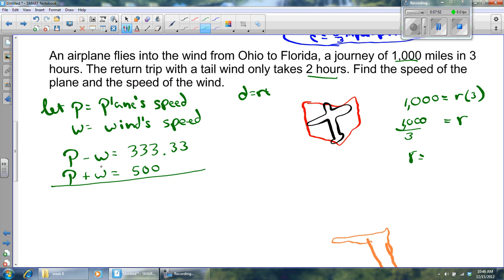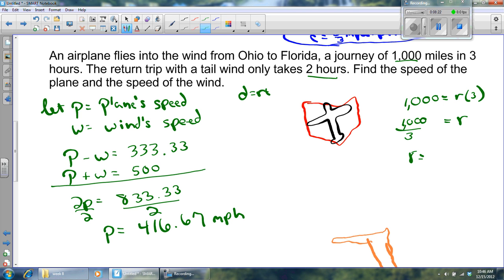Again, it's beautifully set up to do by elimination. So I'm going to say 2P is going to equal 833.33. And I'll divide by 2, and so P is going to equal, hold on one second, 416.67 miles per hour.